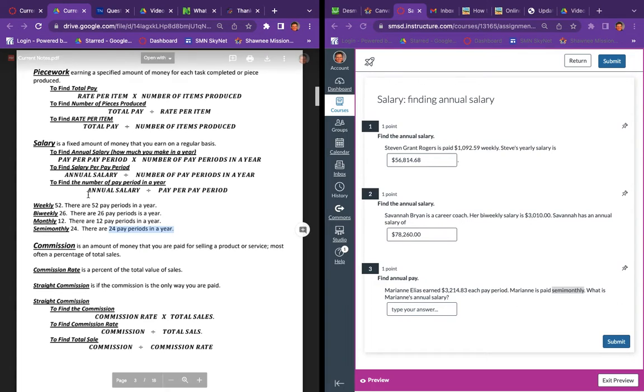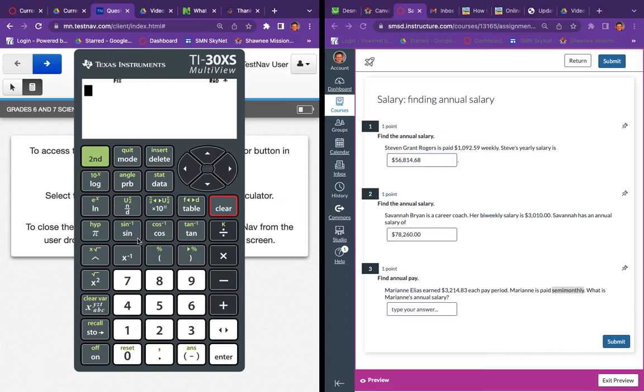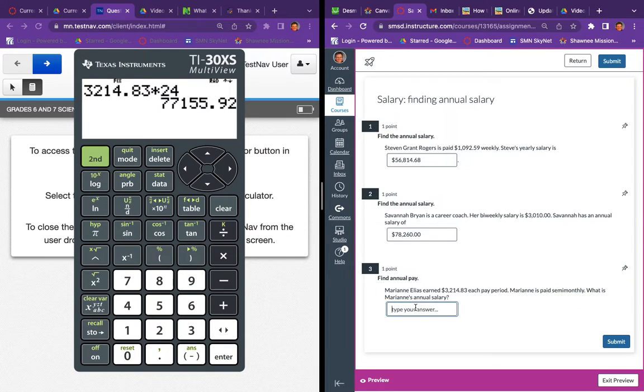We're going to take how much she earns per pay period, $3,214.83, and she is paid that amount 24 times in a year. So times 24. Marianne's pay is $77,155.92. Make sure that you have the dollar sign, the comma between the 1,000 and the 100, and the decimal between the dollars and the cents. And that is it, my friends.